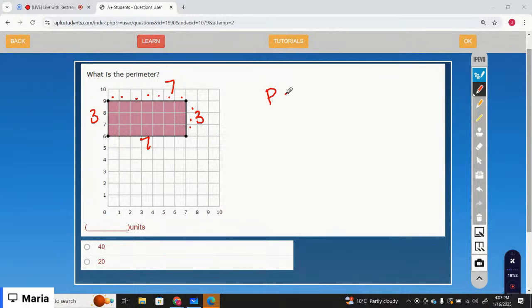You need to calculate the perimeter. For the perimeter, you need to add all the side lengths. 7 plus 7, 14, 15, 16, 17, 18, 19, 20. So the perimeter is 20.